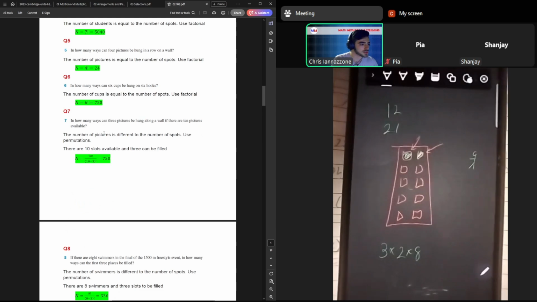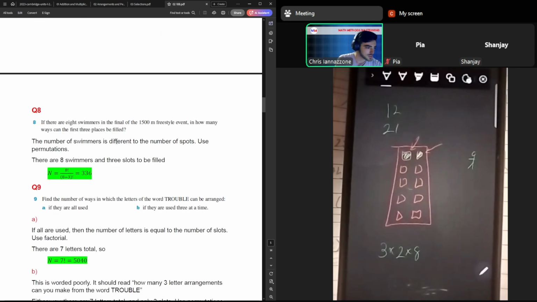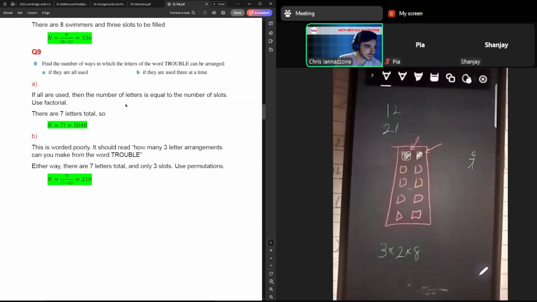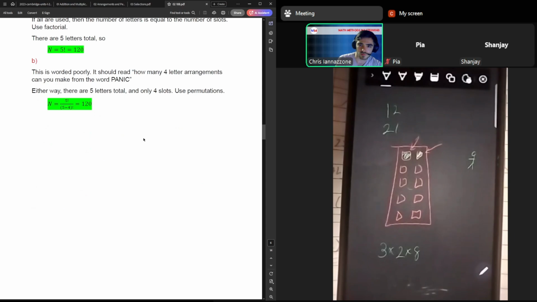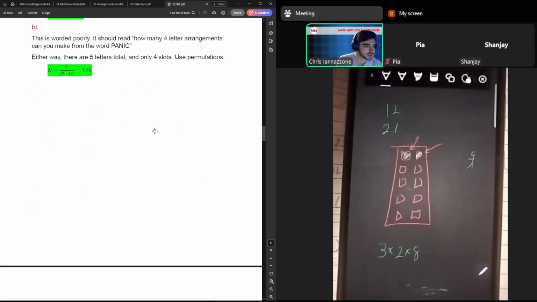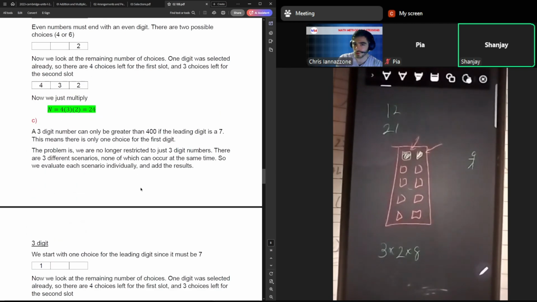Like in this one here, it's how many ways can 3 pictures be hung up if there's 10 available? Well, 10 slots, 3 can be filled. You'll see some justifications on each of the questions, and you can use this to get an idea of whether you're going down the right track or not. That's there for you for all of these, because this is a tough topic.